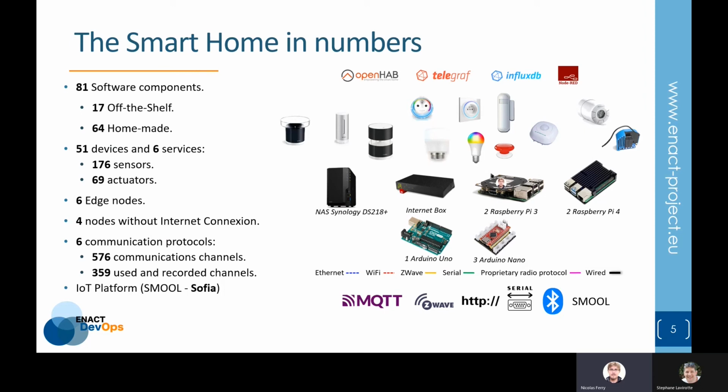We will have 6 edge nodes like Internet box, Raspberry Pis, and 4 small nodes, tiny devices without direct internet connection, such as Arduino Unos and Nanos. All these devices and software components communicate with each other via 6 different communication protocols for more or less 570 communication channels. And as I said, in addition, there is the IoT platform small in the picture.